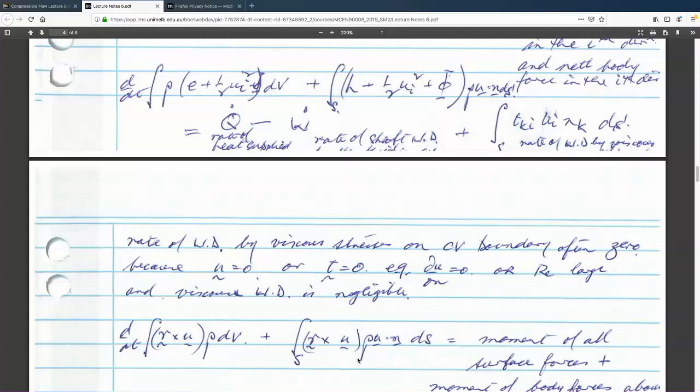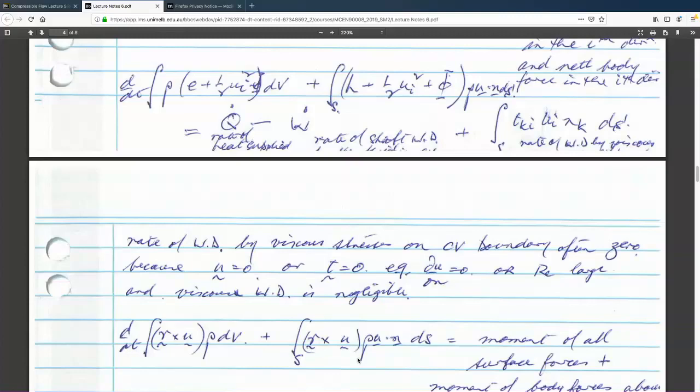The force is in the x direction, and here's the normal, and so the force is acting that way. Tau yx is a number, multiplied by nk, and I get the force.